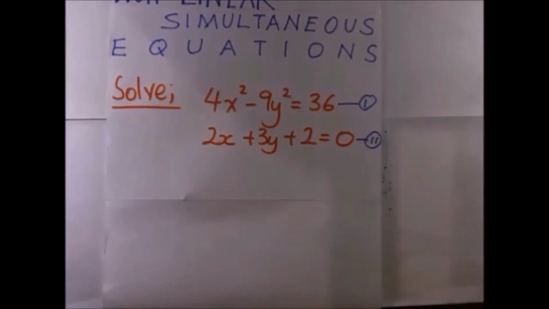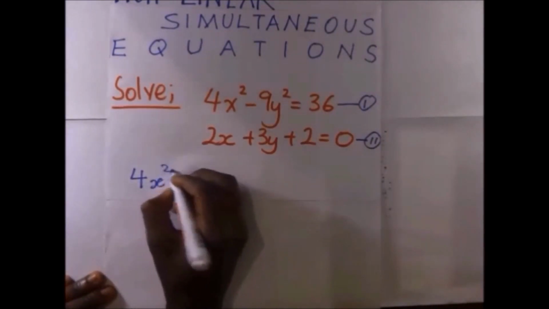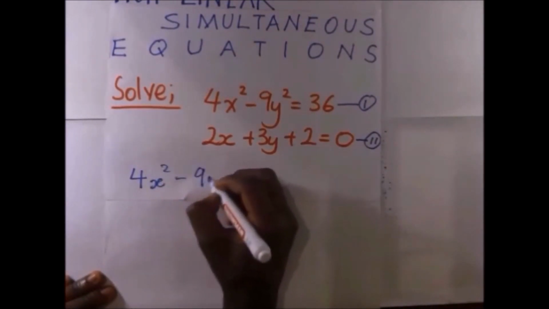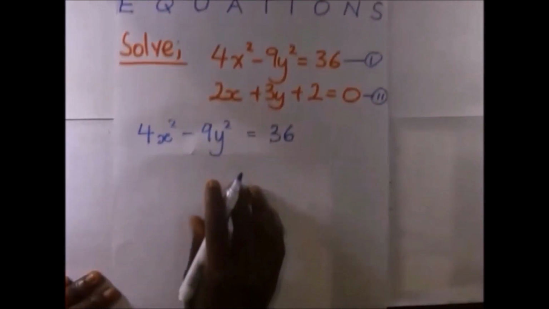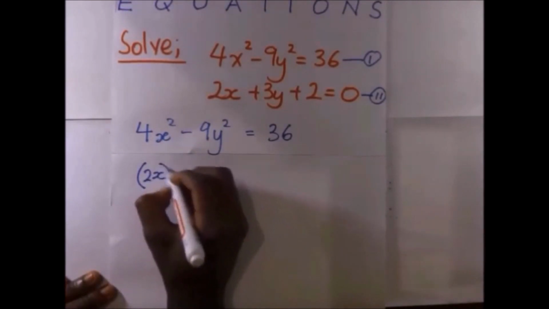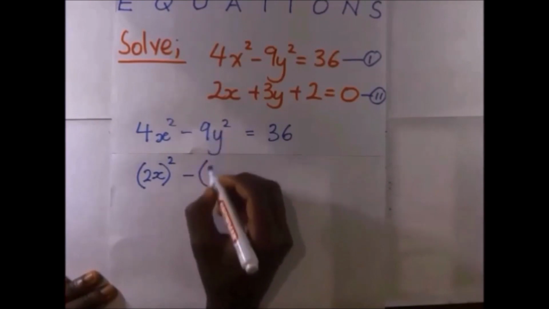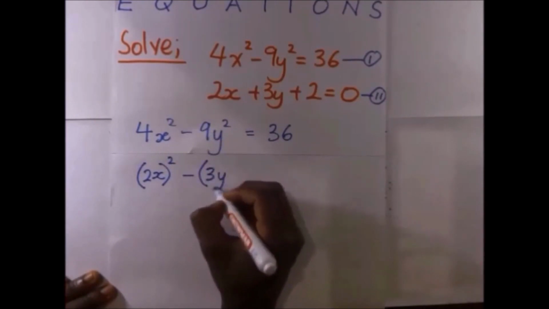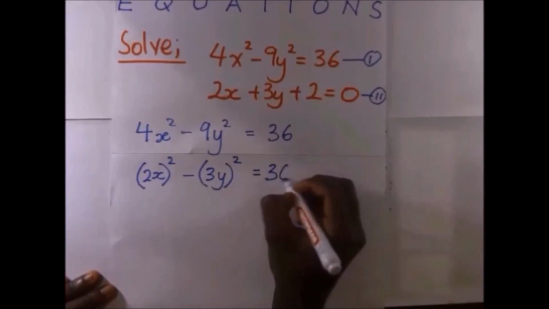So for my first equation, we will see that 4x squared minus 9y squared is going to be equal to 36. So this is the same as (2x) squared minus, put all that in brackets, square root of 9 is 3, (3y) squared is supposed to be equal to 36.